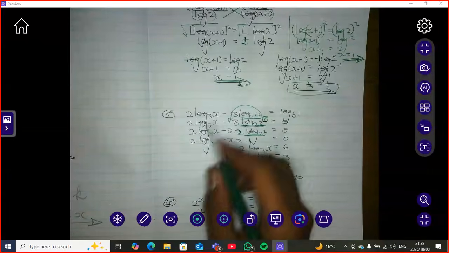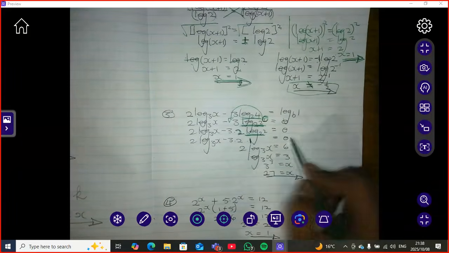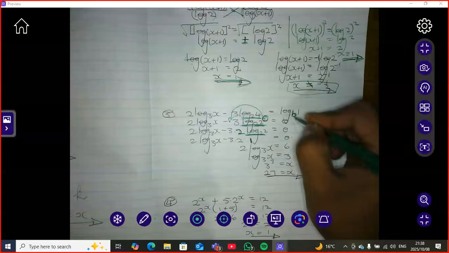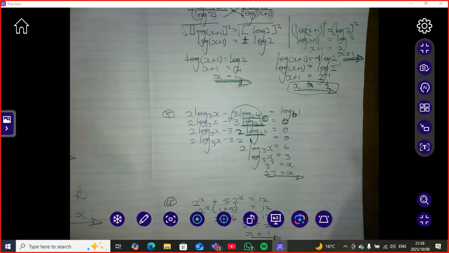That stayed the same. Then I take this over to the other side. Oh, and here's log b of 1, which gives me 0. Anything that's log of the number 1 is 0, no matter where it's sitting.